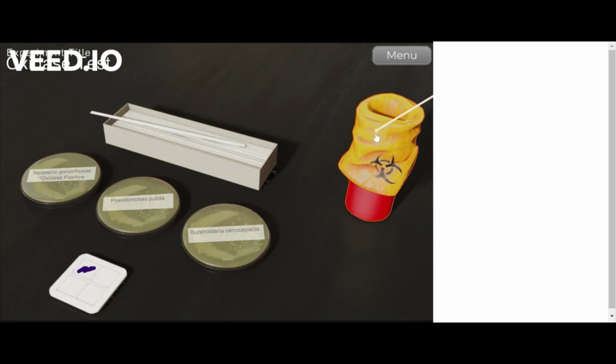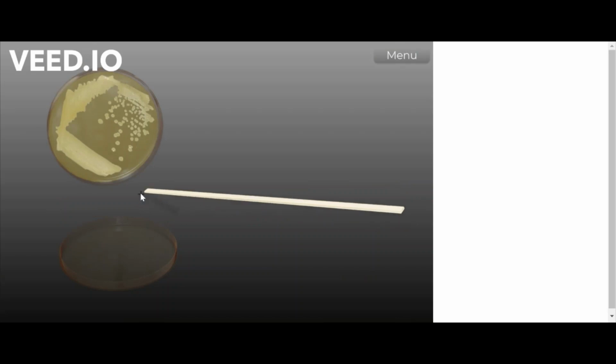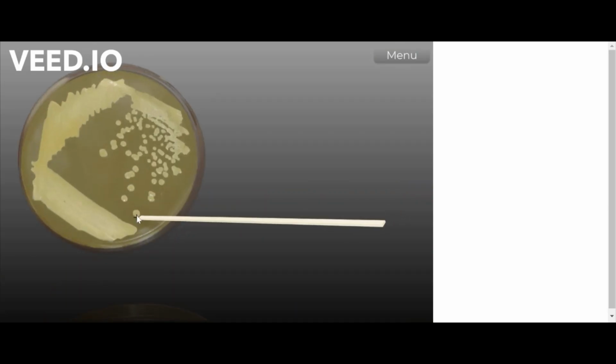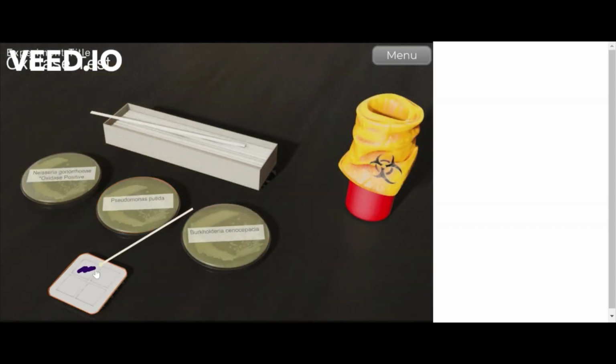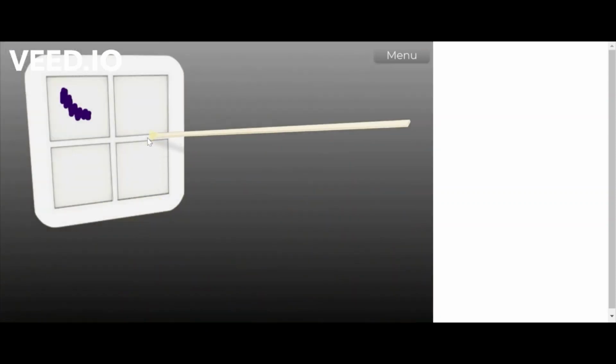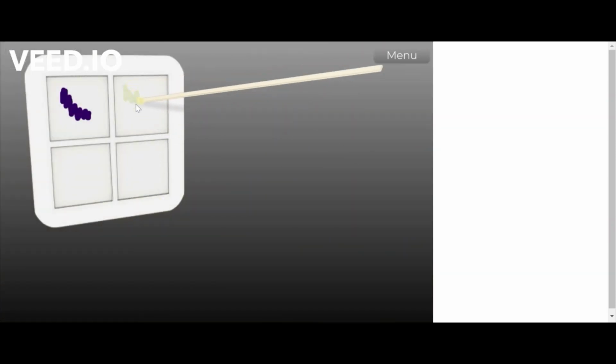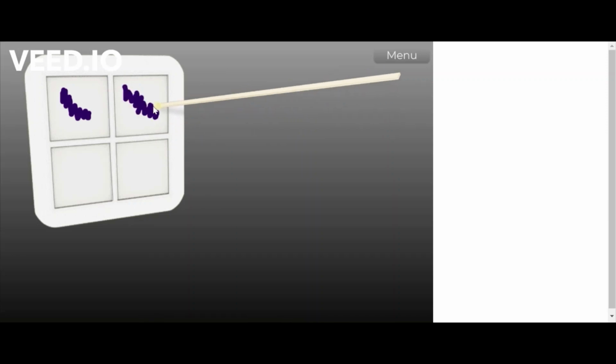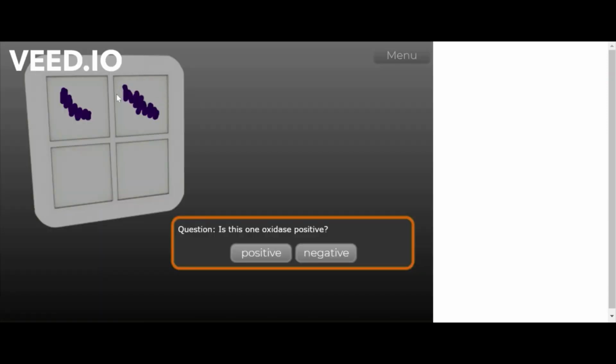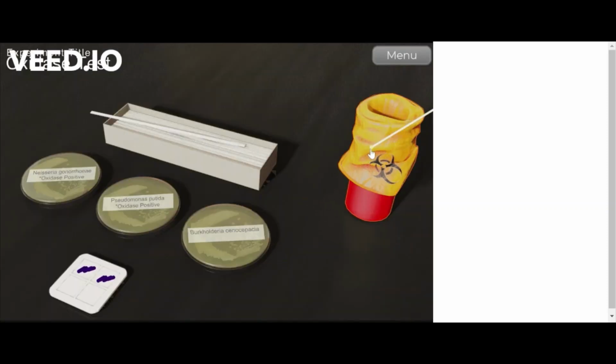After that, I will dispose of the toothpick and pick a new one to pick a new isolated colony. Then I will rub the bacteria onto the slide to observe the color. So where there is a dark purple color, it is oxidase positive.